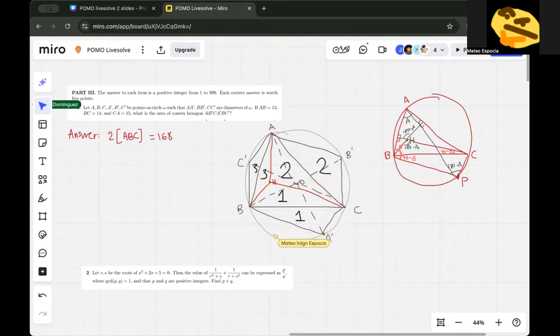So we basically just split the triangle up and reflected it with parallelograms. So the total area of the hexagon is just twice the area of the triangle.